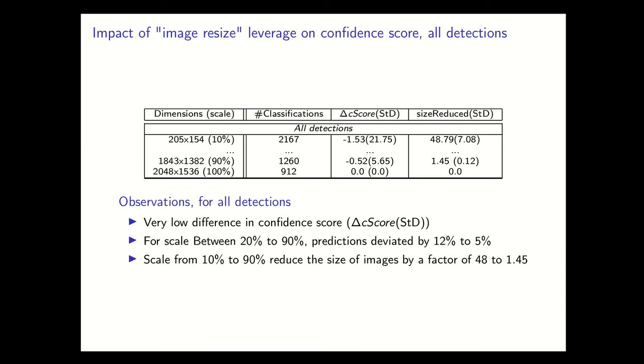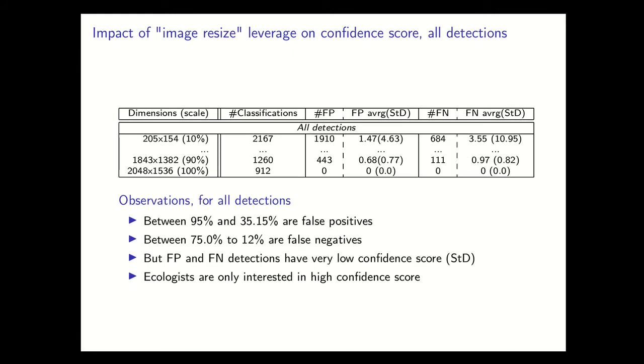Then we also need to take a look at the number of false positives and false negatives. Here again we have the dimension, the number of classifications. The number of false positives is between 95 and 35%. So reducing the scale of the image adds a lot of noise, obviously.